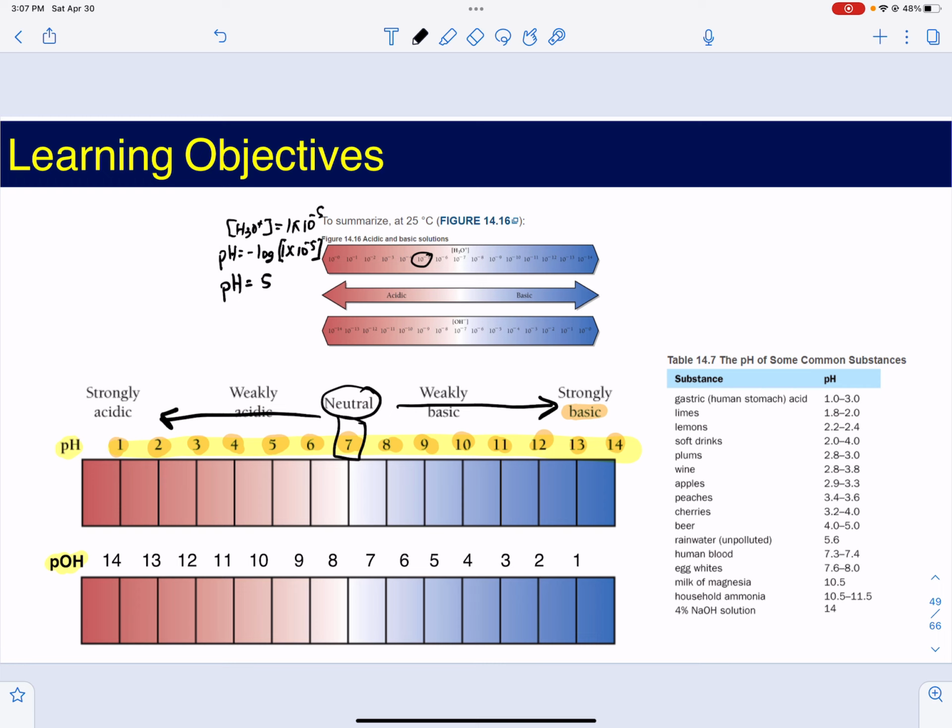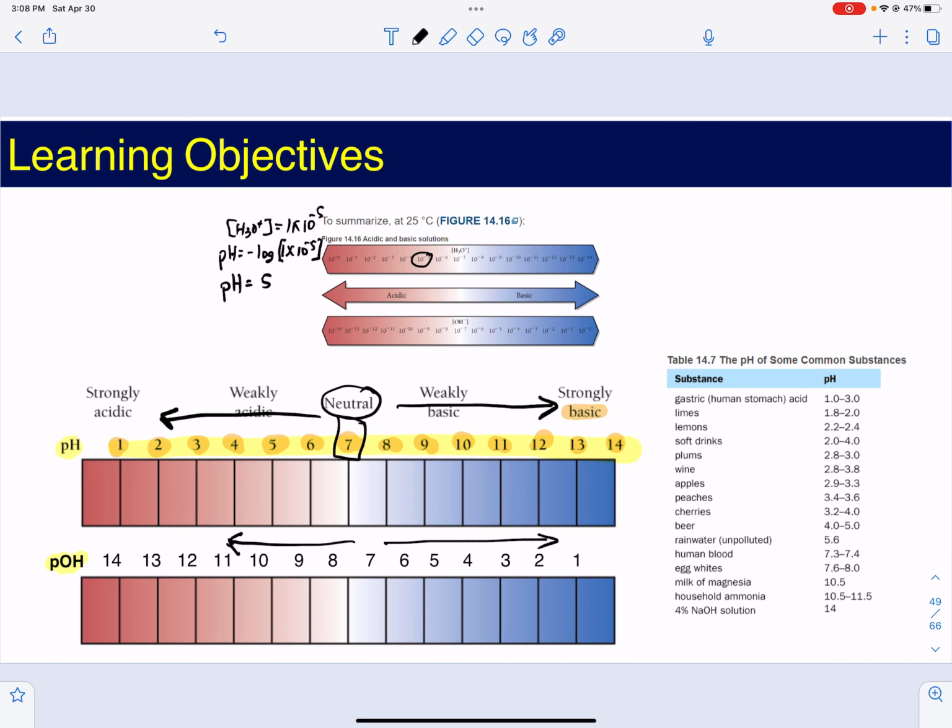For the pOH, anything below 7 is basic, and the scale is backwards, so 14 to 7 is acidic. Anything above 7 on the pOH scale is basic.